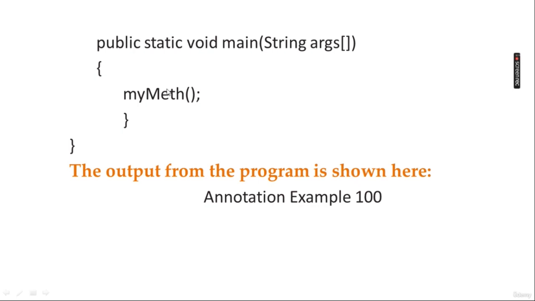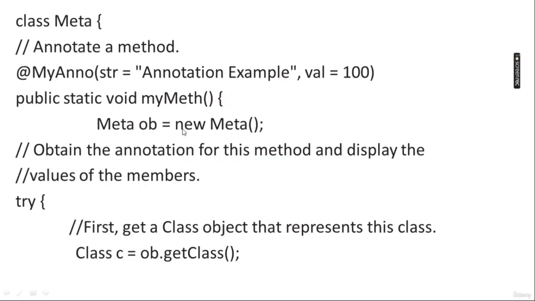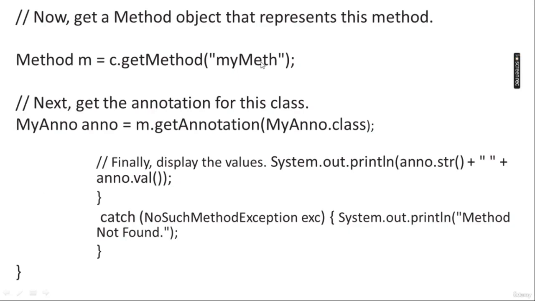And then I will call only myMethod from the public static void main. So what will be happening in myMethod? First of all, an object of this class will be created. Then after that, I will get the class object of the particular class here, object.getClass() into C. Then C.getMethod, myMethod, and it will be stored into m.